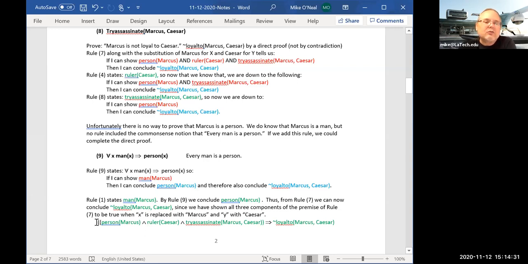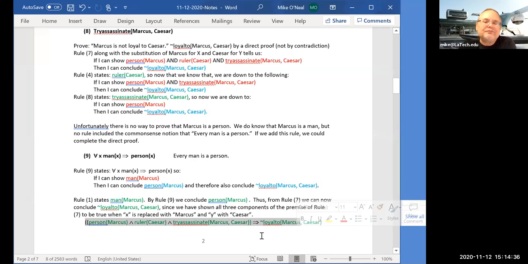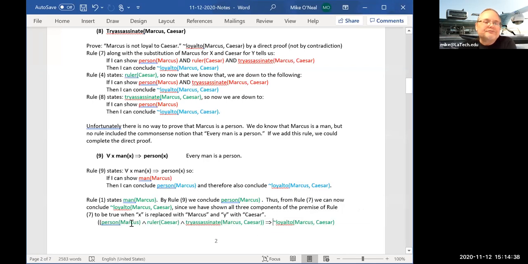Essentially what I did here was I had an if statement, and I was able to show that the conjoined premise was true by proving each of these subparts here. And once I established that all of the subparts of the premise were true, the premise becomes true, so you can conclude the conclusion. Does that make sense?